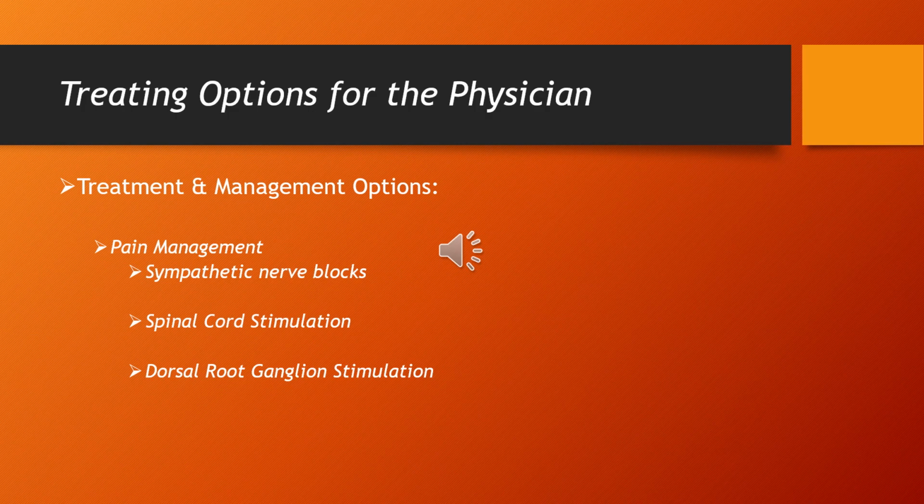And one more stimulation option is the DRG, or dorsal root ganglion, stimulation. Here the electrodes will actually target the dorsal root ganglions instead of the spinal cord. It's a much more focused approach than the spinal cord stimulation I just mentioned. As you recall, when we discussed the mechanism of CRPS, we know that the afferent A and C fibers relay their nociceptive pain impulses to the DRG and then to the dorsal horn of the spinal cord.